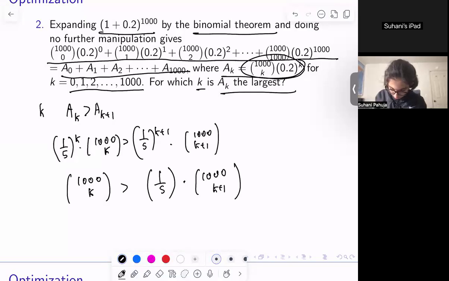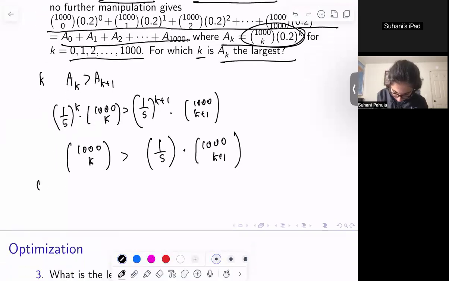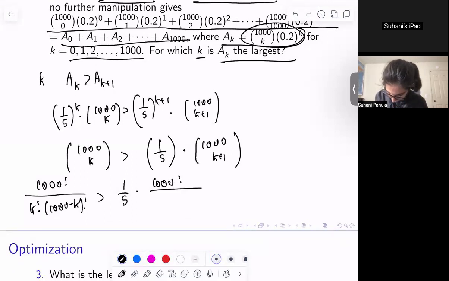So we can use the definition of choosing, and we can write this as 1000 factorial over k factorial times (1000 minus k) factorial, and that's greater than 1/5 times 1000 factorial over (k+1) factorial times (1000 minus k minus 1) factorial.